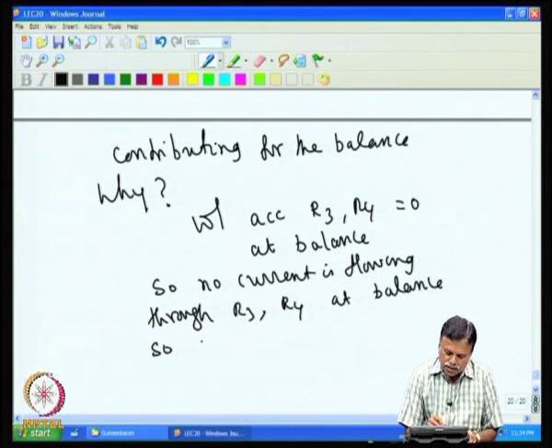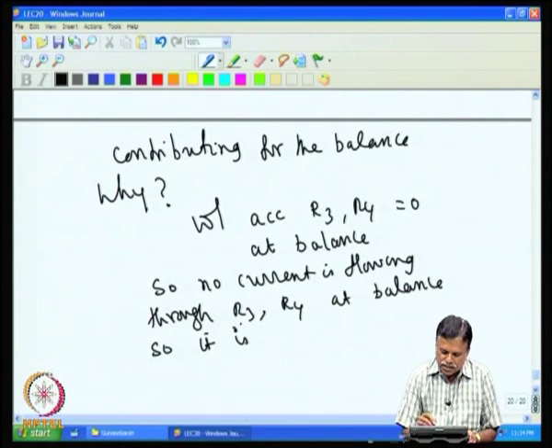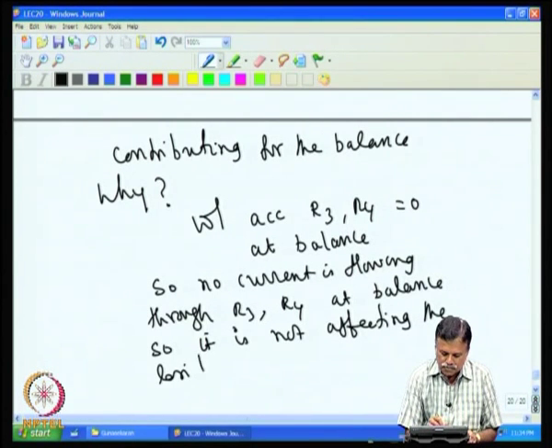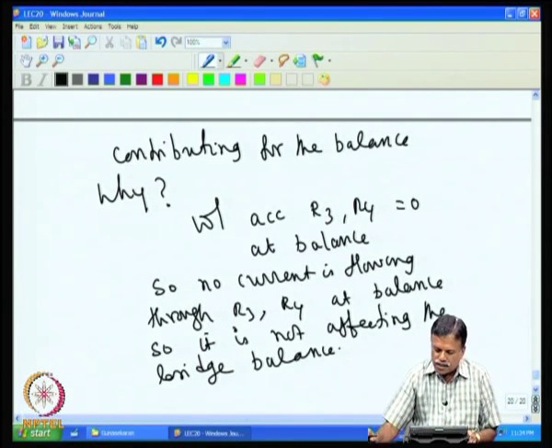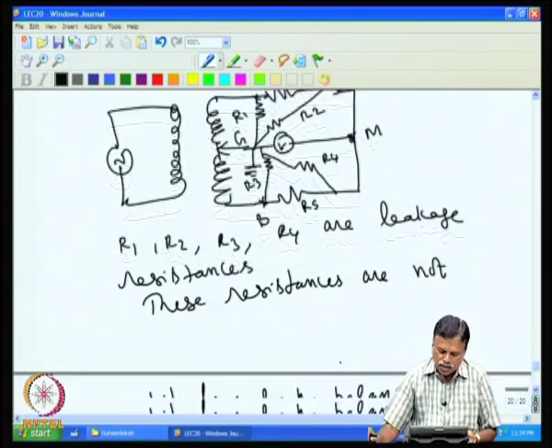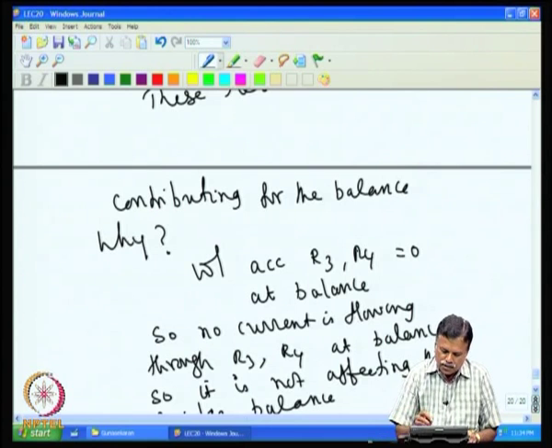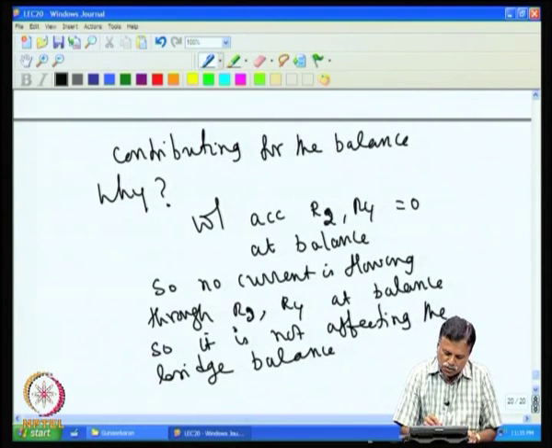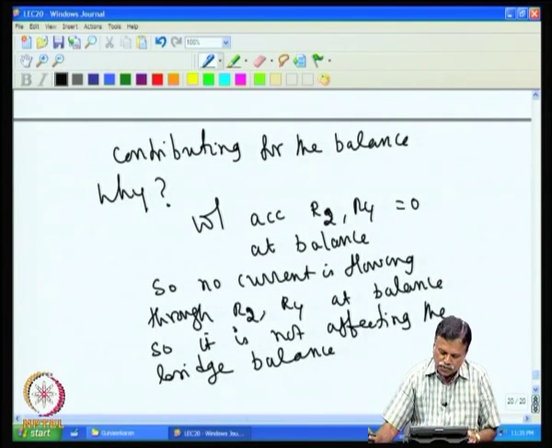So, it is not affecting the bridge balance. Similarly, if you look at R2 and R4, the voltage across R2 and R4 is 0 at balance. So, no current is flowing through R2 and R4.